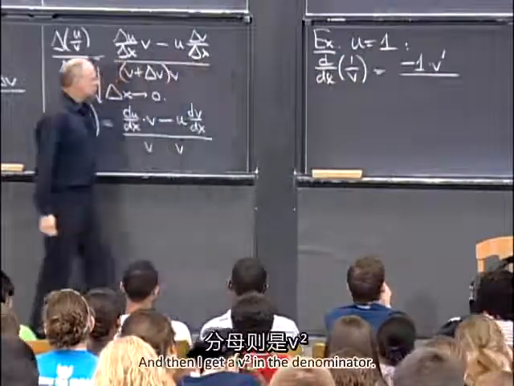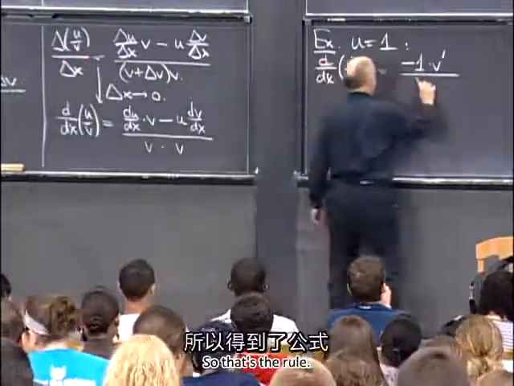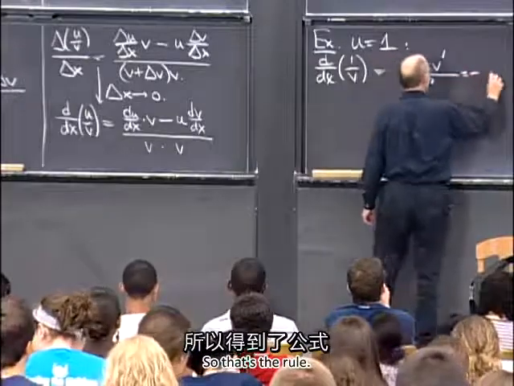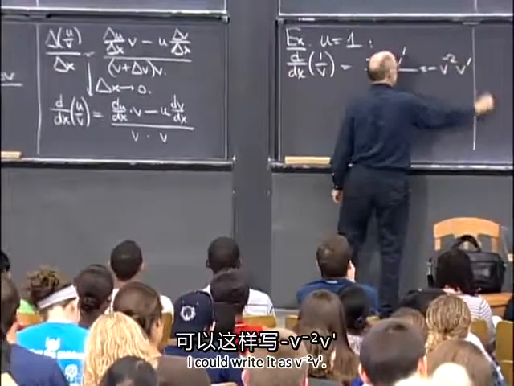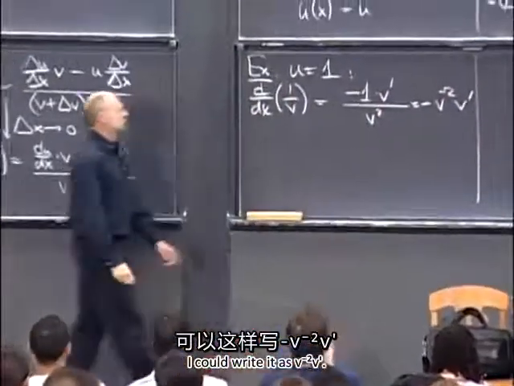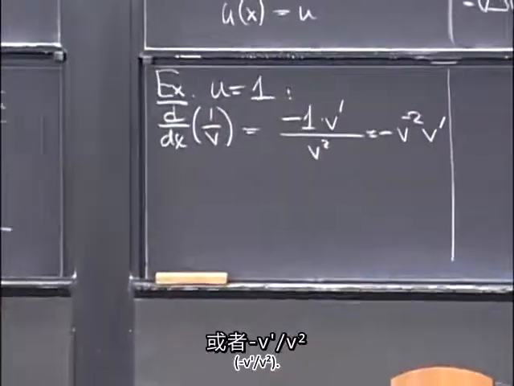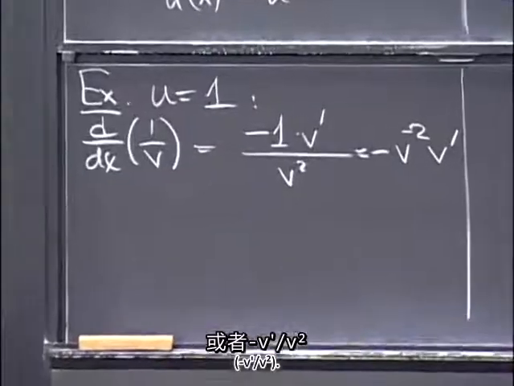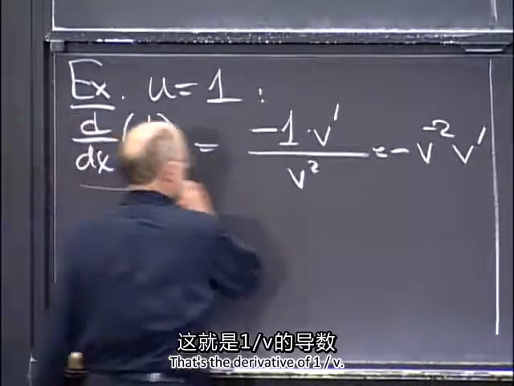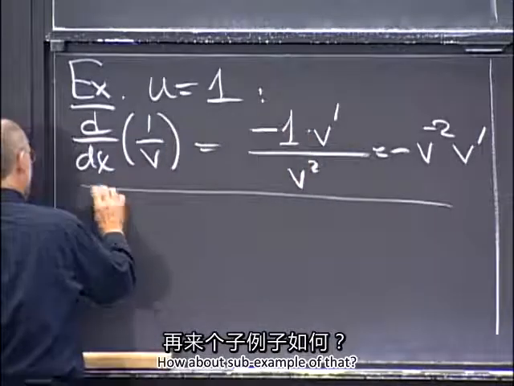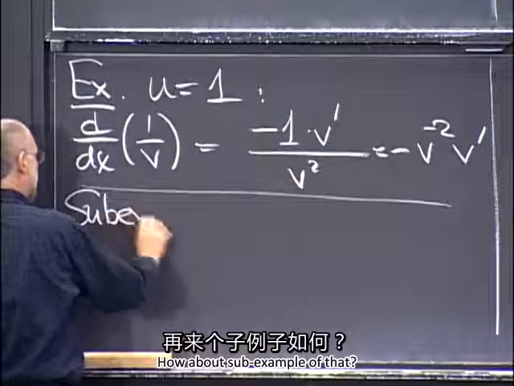And then I get a V squared in the denominator. So that's the rule. Minus, I could write it as V to the minus 2 times V prime. Minus V prime divided by V squared. That's the derivative of 1 over V. How about an even a sub-example of that?